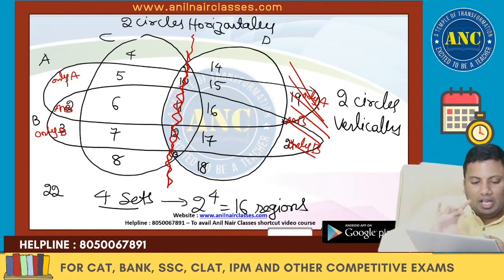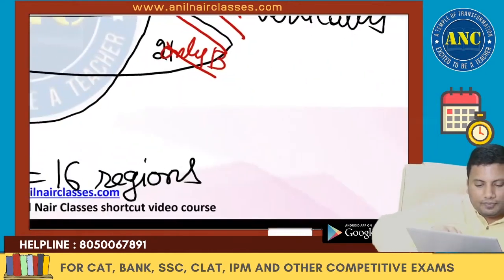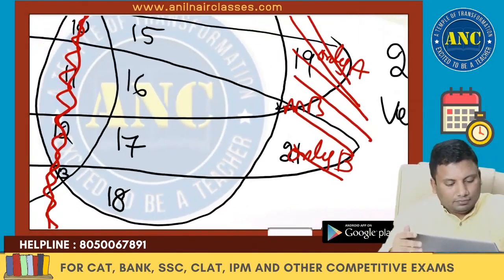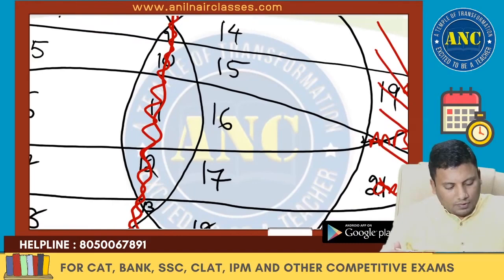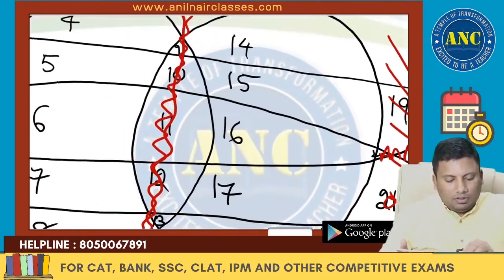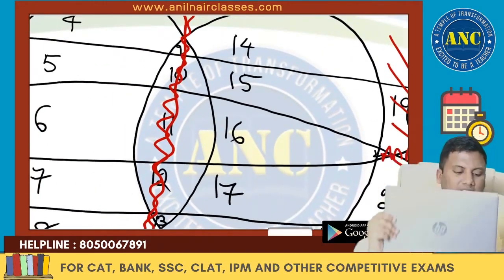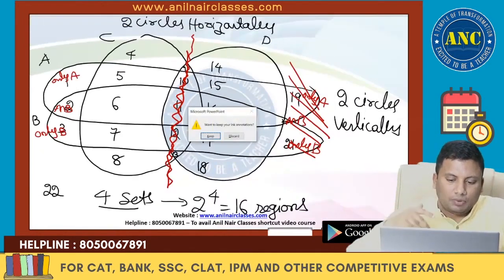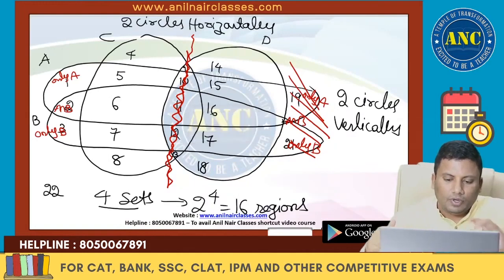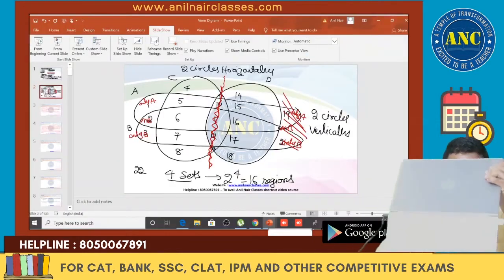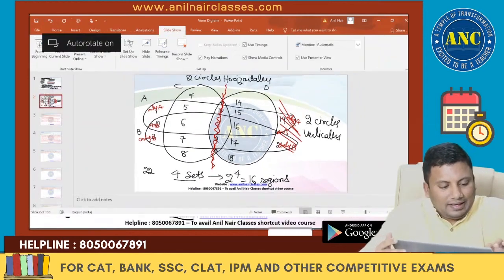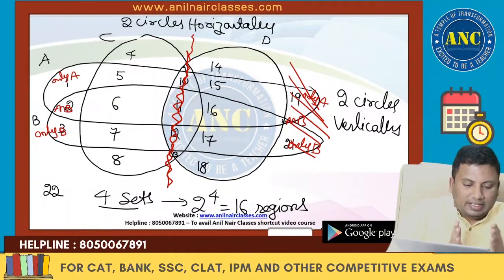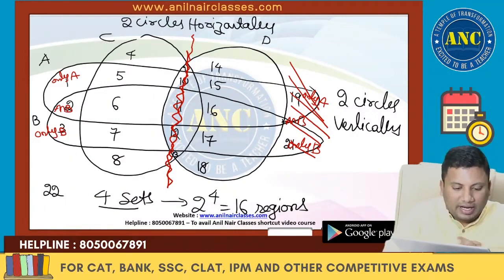So either the left side or the right side 3 has to be omitted. Either you can eliminate the left side or the right side.